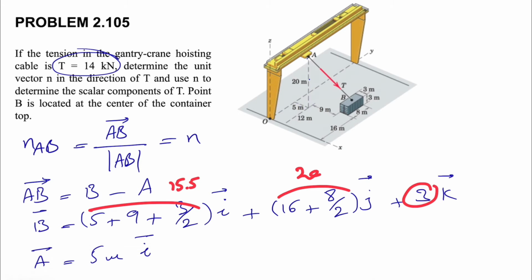So let's move on to the point A. For X component of point A, we know that we are this distance in here, which we see, and we will be 5 meter in the positive direction.